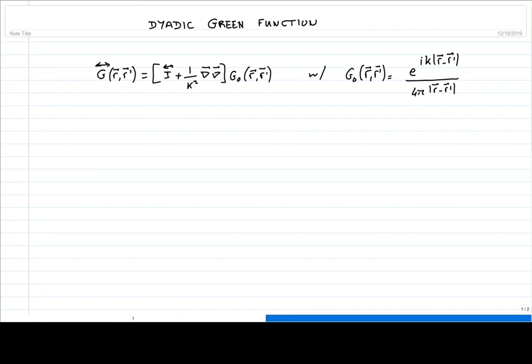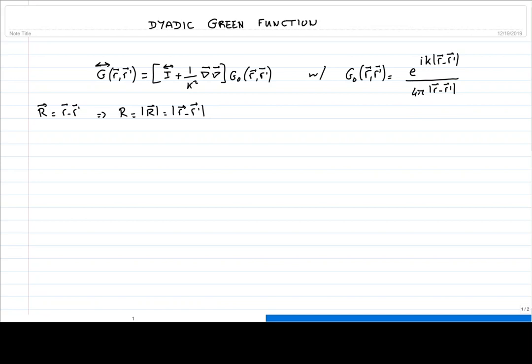So for simplification, we're going to introduce this capital R vector, which is r minus r prime. And we're going to introduce little r as the norm of this vector, or in other terms, the actual distance between the source and the location where we evaluate the local electric field.